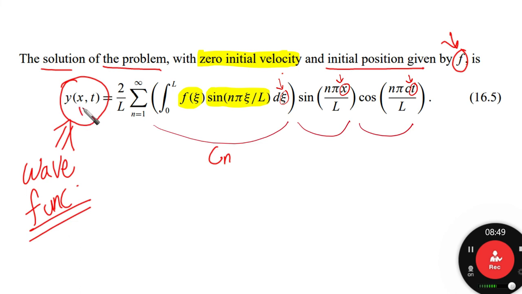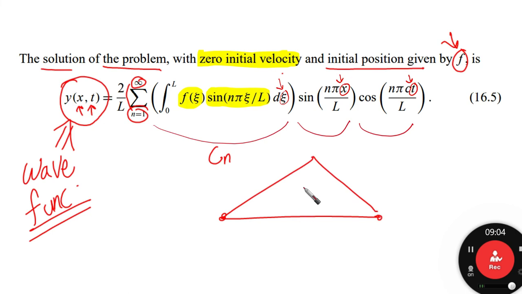Again, in two variables x and t, and you understand now the meaning of x and t, y equals 2 over L times a summation of many terms. Why is it a summation? Because if we pick the string up like this and let it go, we find it will be something like this, and then like this, and then like this. So we need a function that represents these positions, these shapes, in a very accurate way.